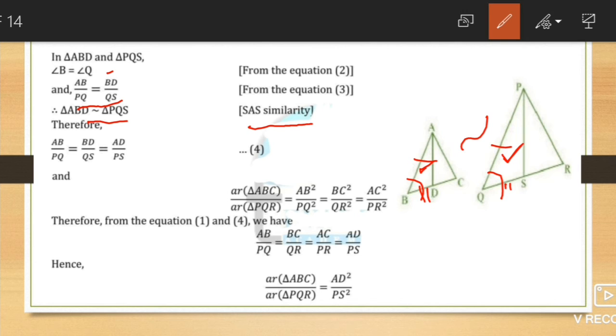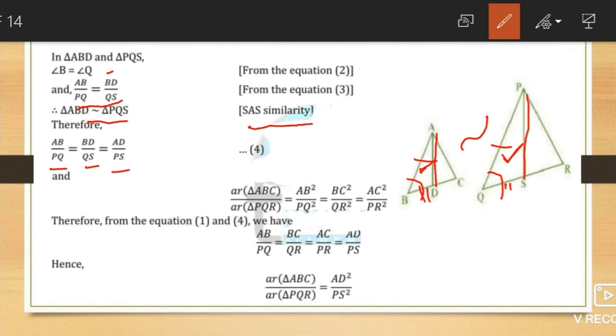Now since they are similar, again the ratio of the corresponding sides will be equal. That means AB by PQ is equal to BD by QS is equal to AD by PS, because in these two similar triangles the corresponding sides are AD and PS.